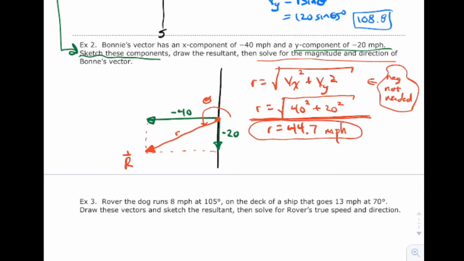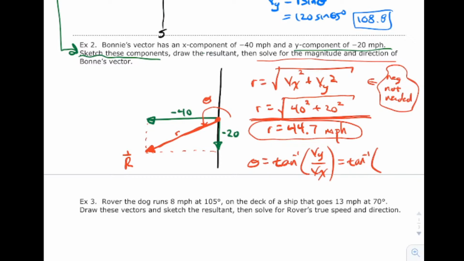That's the true speed that Bonnie is going. She's got an x component of 40, she's got a y component of 20, but this vector here has a length of 44.7. Which way is it going? Well, the formula up above, you can probably see it if you get your paper in front of you. You do a shift tangent of the y over the x, always the y over the x. The signs are critically important here.